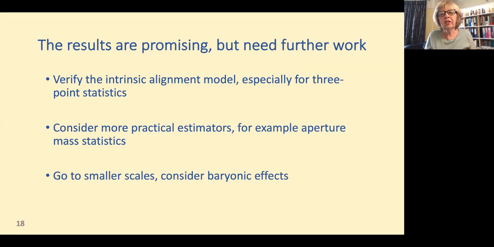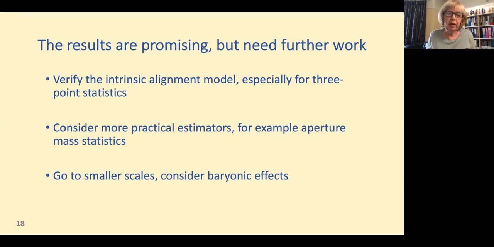The further work is mainly about whether the modelling methods we used are sensible and robust. And this especially applies to the intrinsic alignment modelling, and especially for the bispectrum, because that is not well established and needs to be verified, basically. And that's some work I'm doing at the moment, looking at intrinsic alignments in simulations.